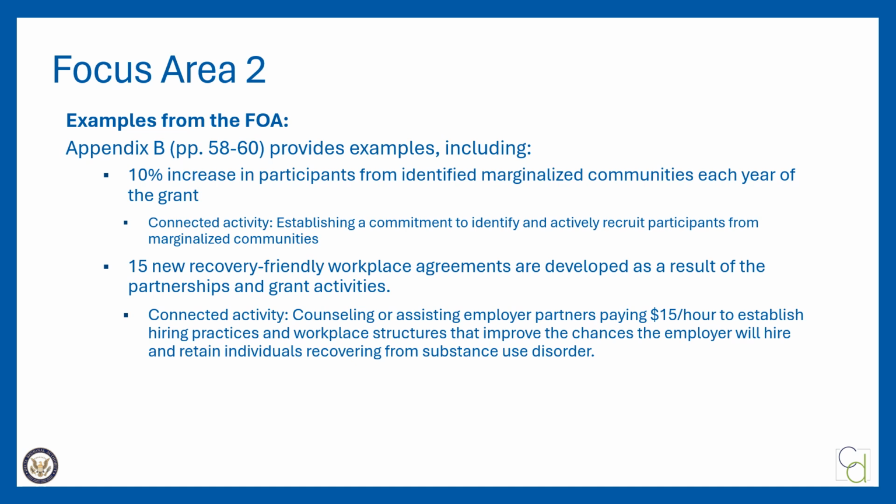The second example is 15 new recovery-friendly workplace agreements are developed as a result of the partnerships and grant activities. It's connected to the activity of counseling or assisting employer partners paying $15 an hour to establish hiring practices and workplace structures that improve the chances the employer will hire and retain individuals recovering from substance use disorder. As with the previous focus area, make sure the results that you list are connected to your proposed activities and statement of need, as well as achievable for your project.